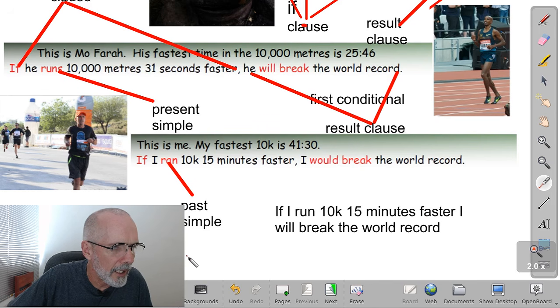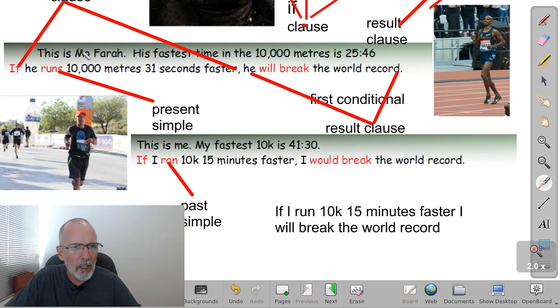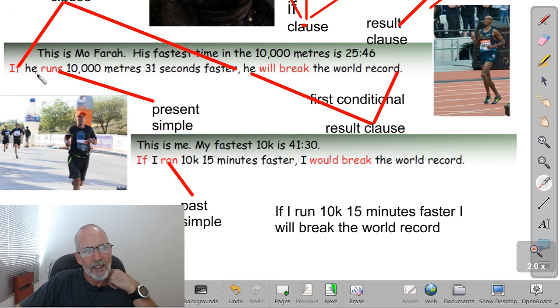Well, nobody has given me the answer, so I'm going to have to tell you. The answer is this: this is a conditional talking about now or the future.